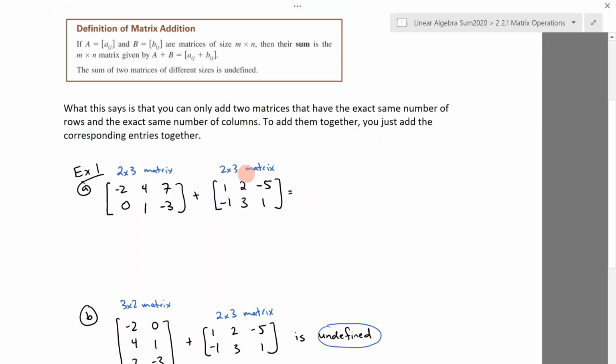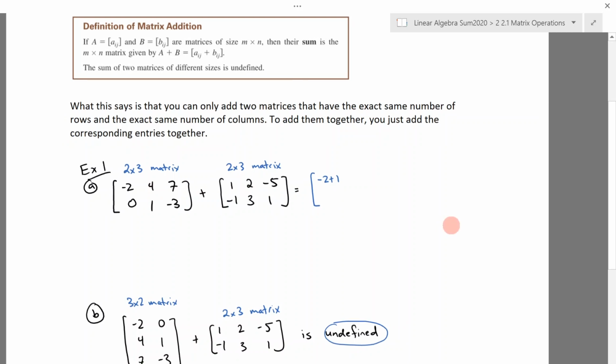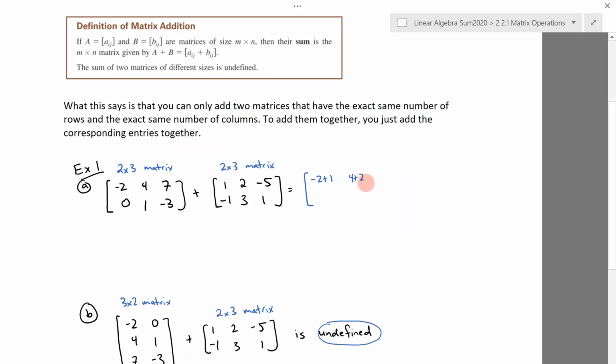So the first entry is going to be -2 plus 1, and then going across 4 plus 2, and then 7 plus -5, and then 0 plus -1, and then 1 plus 3, and then -3 plus 1.